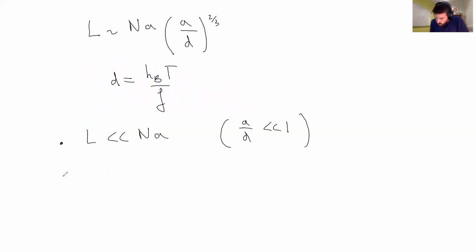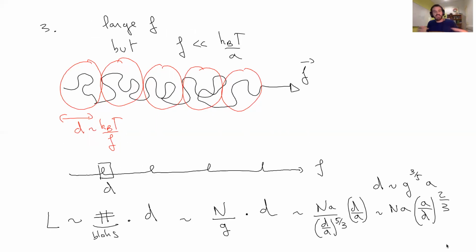That's the first part. The second interesting aspect is that it seems to be linear with N. There is no dependency on the number of monomers in D. So L is linear in N, which means that when you are in this fully extended picture, if you double the number of monomers, you will simply double the length. This is due to the fact that those blobs are independent. This is the definition of a blob, in fact.